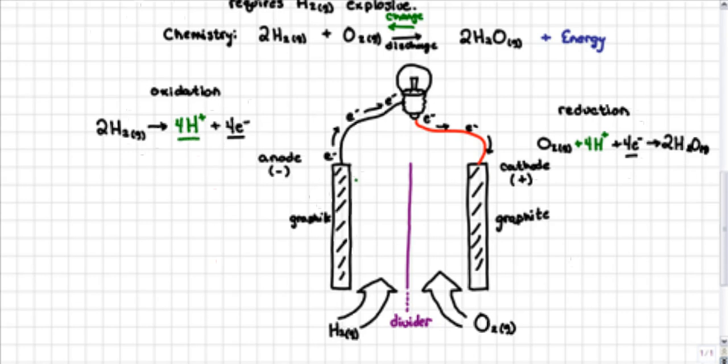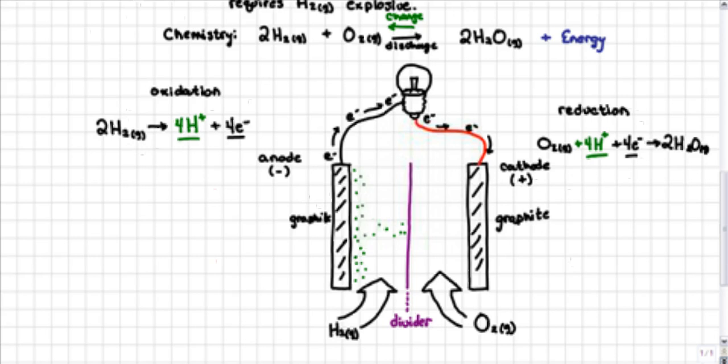And these hydrogen ions begin to fill the space around the graphite electrode. To make matters worse, notice that the hydrogen ions are actually required for the reduction process to take place. And so these hydrogen ions need to migrate, but getting in their way is this divider. This divider keeps the hydrogen and oxygen gas separate from one another, required to be there because we don't want hydrogen and oxygen mixing together. That is an explosive mixture.